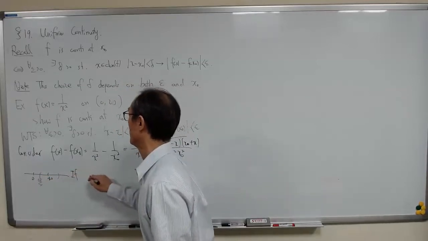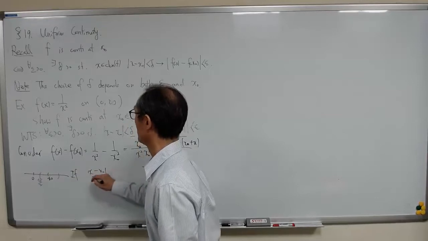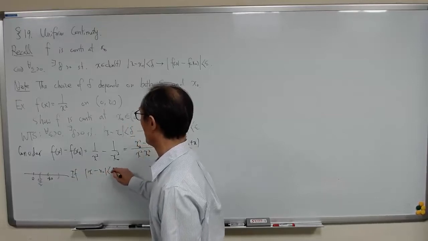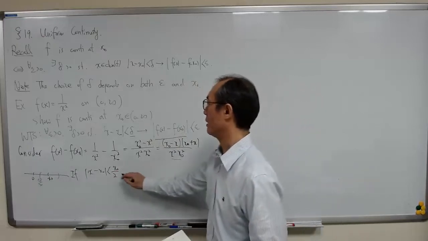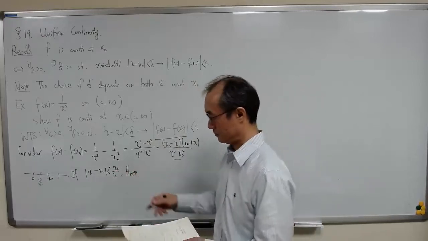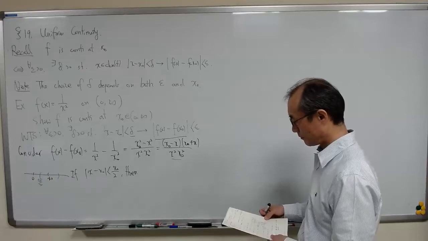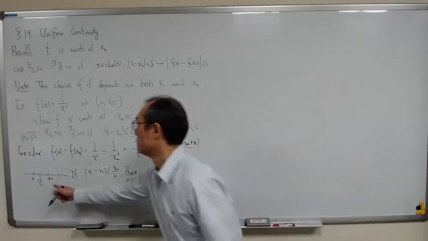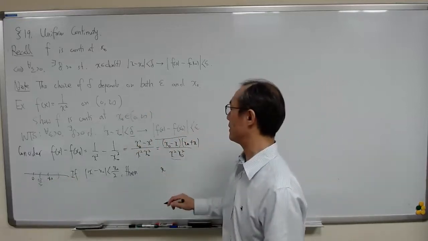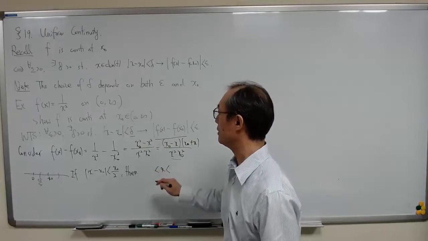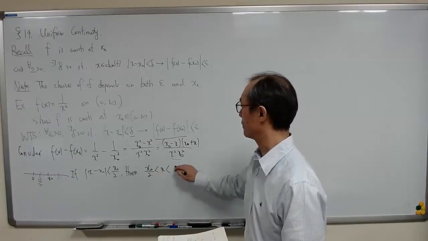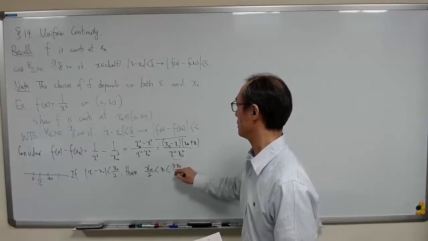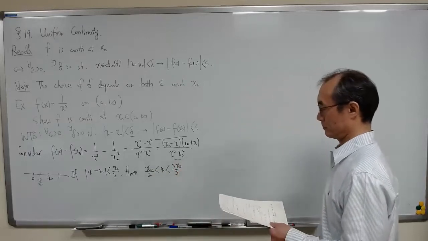So if the difference between x and x naught is less than x naught over 2, then this variable x belongs to the interval from half of x naught to 3 x naught over 2.